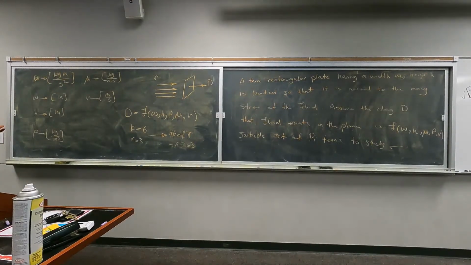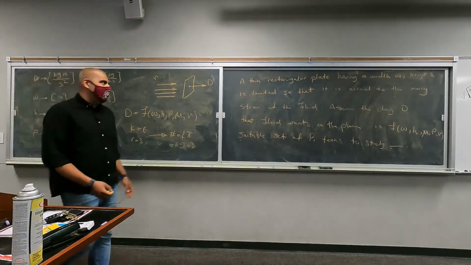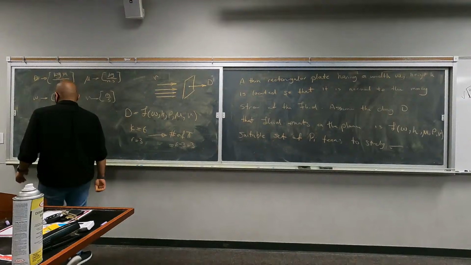The next step is to choose the non-repeating variables. The idea over there was that you have to choose them based on experience, which essentially means that you can choose any variable you want.